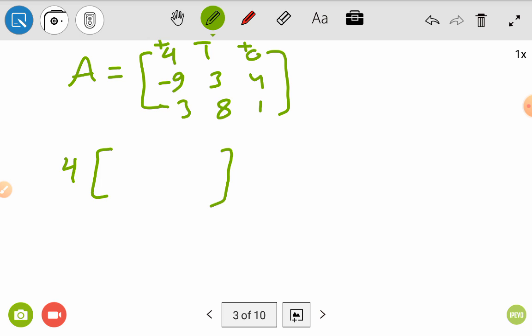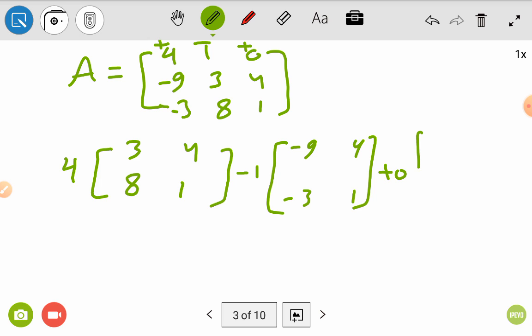Cancel the first row and the first column. The remainder will be 3, 4, 8, 1. Minus 1. Minus 1 lies in the first row and the second column, so you have to cancel this row and this column. The remainder will be negative 9, 4 and negative 3, 1. Plus 0. Cancel this row and this column. The remainder will be negative 9, 3, negative 3, 8.